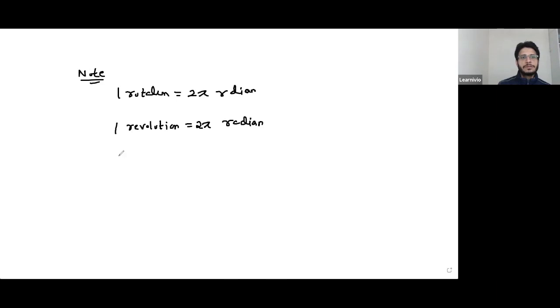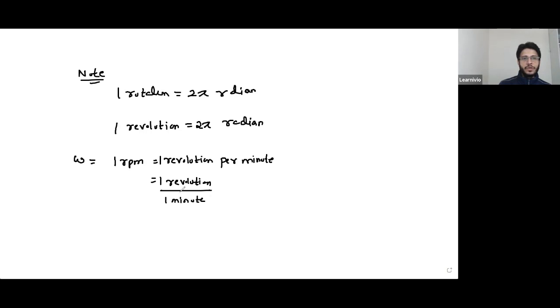The next is RPM. Sometimes you can get your omega in terms of RPM. RPM means revolutions per minute or rotations per minute. This RPM is not the SI unit. To convert RPM into SI, one revolution per minute means one revolution divided by 1 minute.